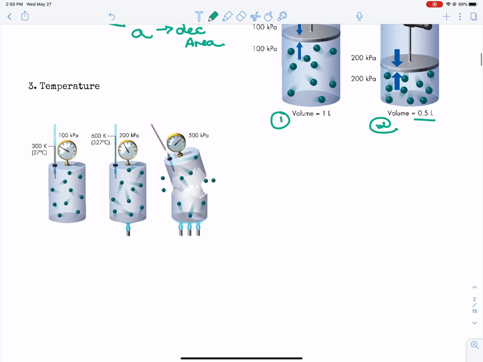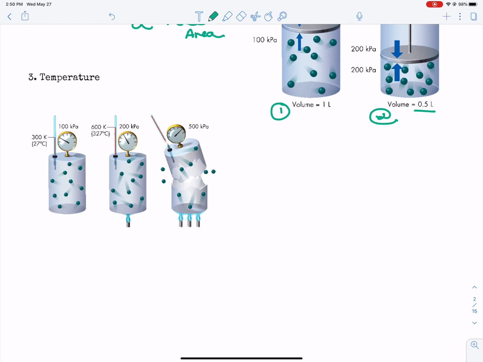And then the third thing that can change the pressure is the temperature. In this scenario, I start with 300 Kelvin and 100 kilopascals. When I double the temperature, look what happened. I doubled the pressure. So the relationship is, when I increase the temperature, I increase the pressure.